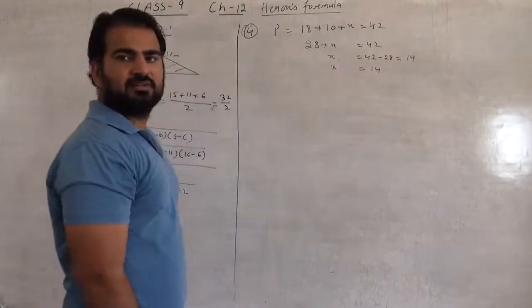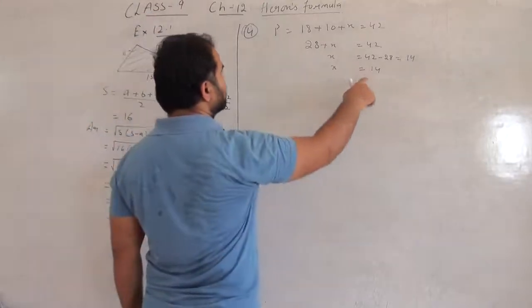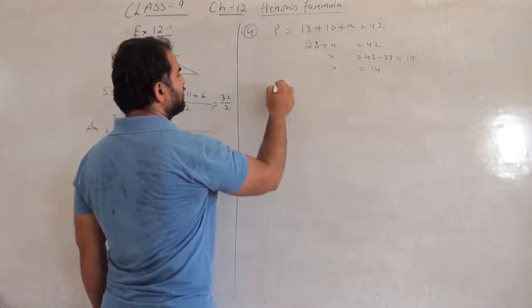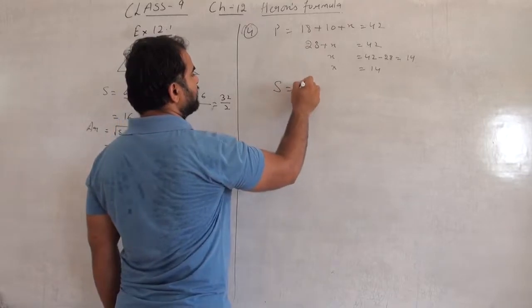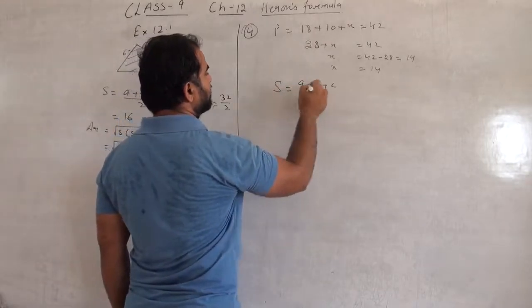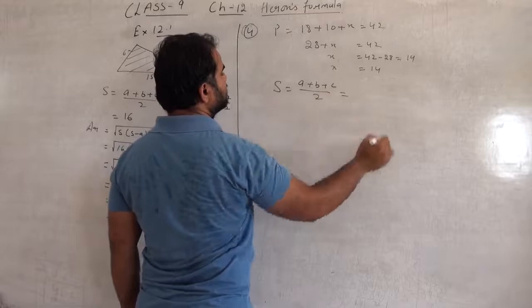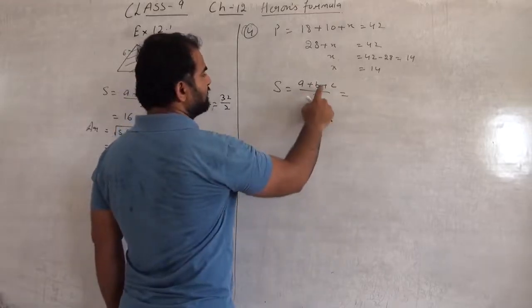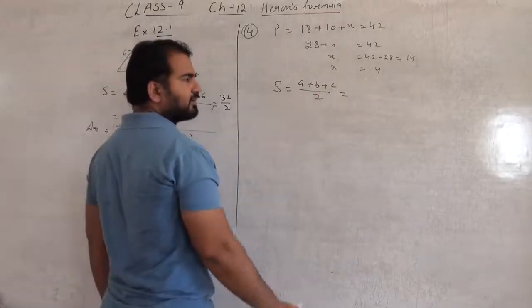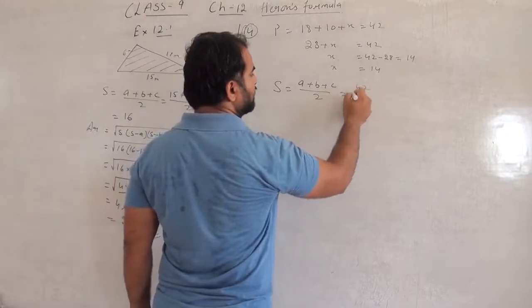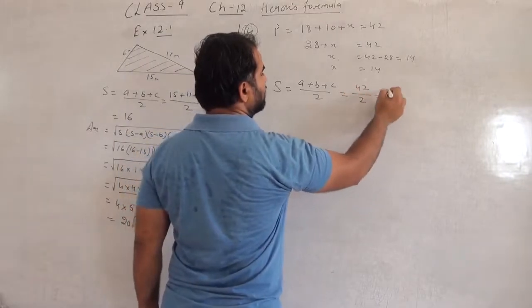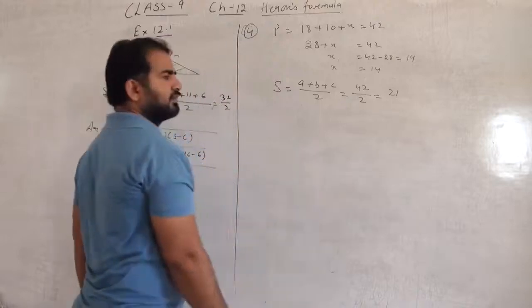So we got the side, and if the side is 14, then what we have to find? We have to find S, which will be (A plus B plus C) upon 2. Since A plus B plus C is perimeter and perimeter is given 42 already, 42 upon 2 will be 21. Done?